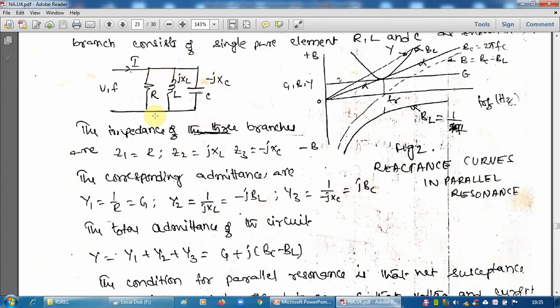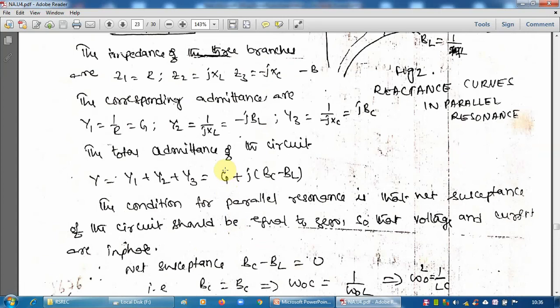The total admittance of this circuit is the sum of these three. If all are expressed in admittances, then the total admittance is simply the sum of the three in a parallel circuit. So the total admittance of this circuit equals this admittance plus this admittance plus this admittance. If you add these two, you will get this.